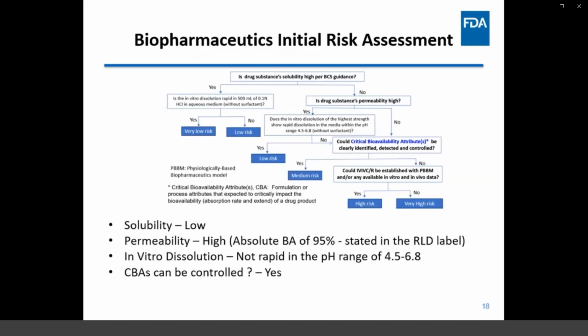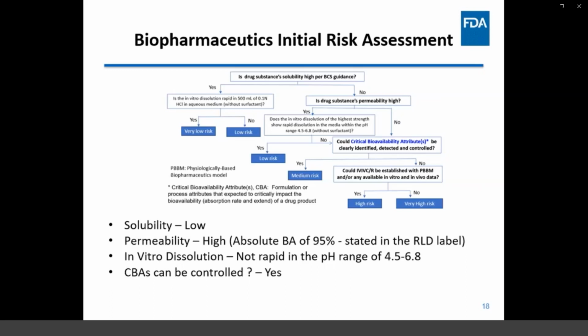We could reference the label for this information or literature to see if there is data to support the permeability if it is not provided. Based off the label, it says that permeability is high with absolute BA of 95%. The next question would be, does the in vitro dissolution of the highest strength show rapid dissolution in media with pH range of 4.5 to 6.8?